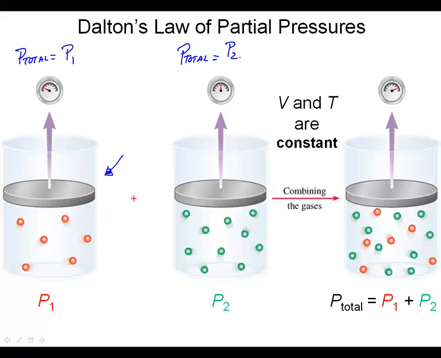But if we mix those two gases together, now what we would have in terms of the total pressure, like what we see on the bottom there, is the total pressure is actually made up of the pressure of our first gas plus the pressure of our second gas. And if you had three gases, it would be plus the third gas, fourth gas. And these are what are known as partial pressures.